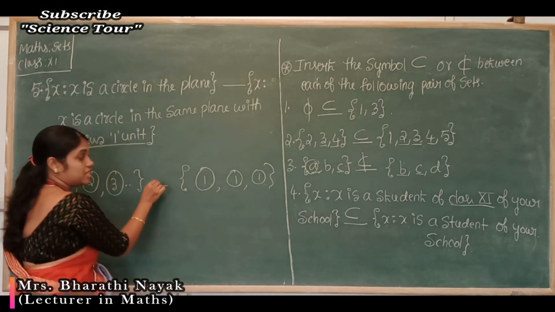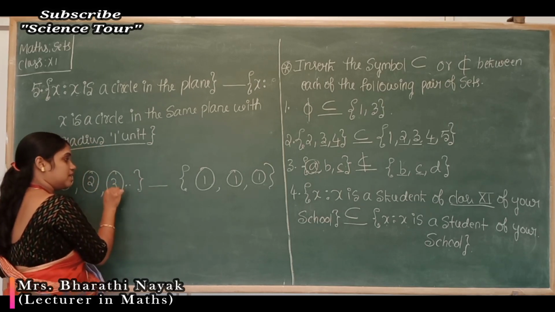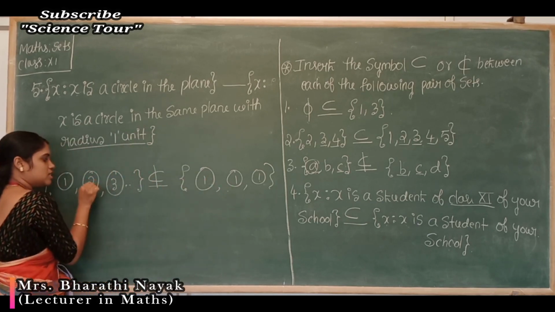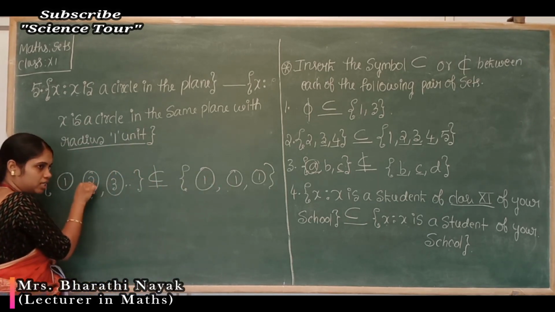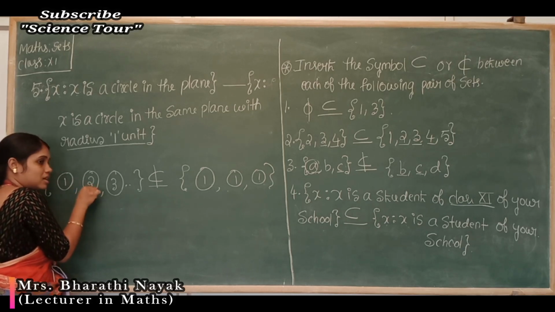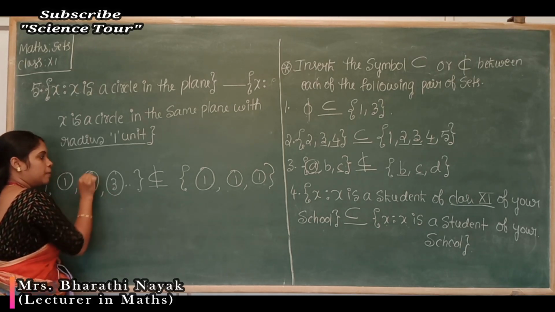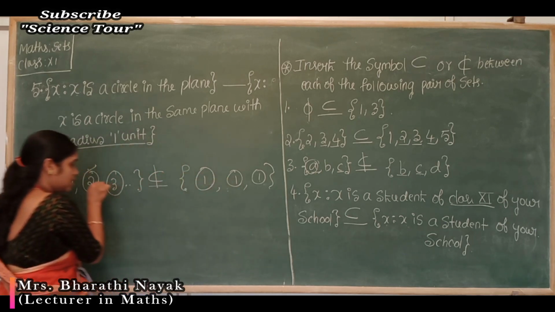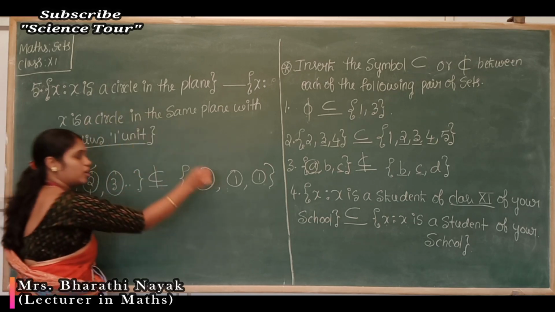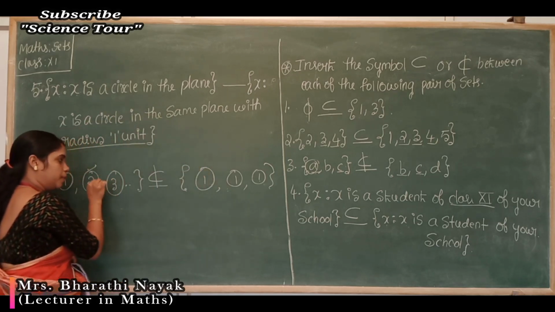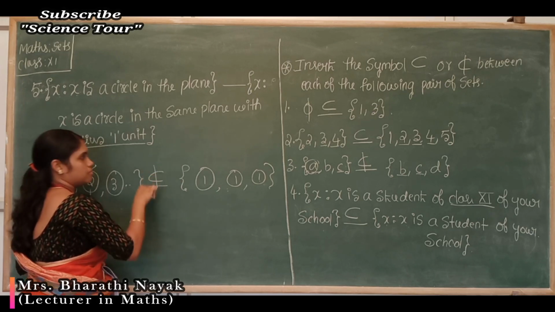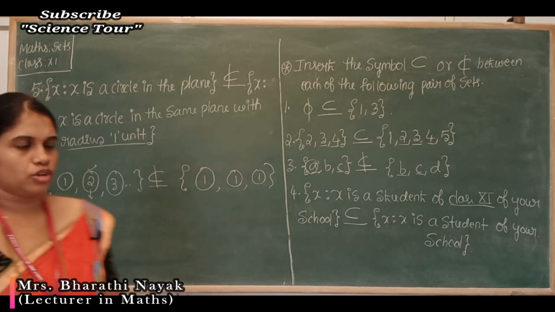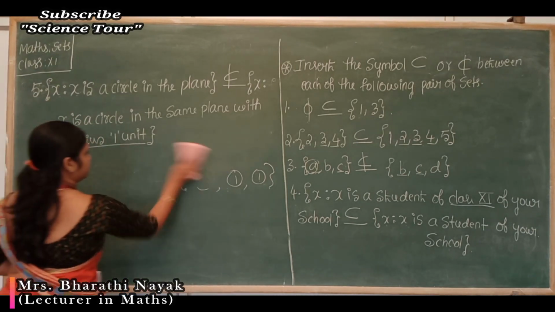So this set is not contained in the second set, because in the first set you have a circle with radius 2 units, but this circle is not included in the second set, isn't it? So because of that reason we can use this symbol, does not contain. Okay, yes.